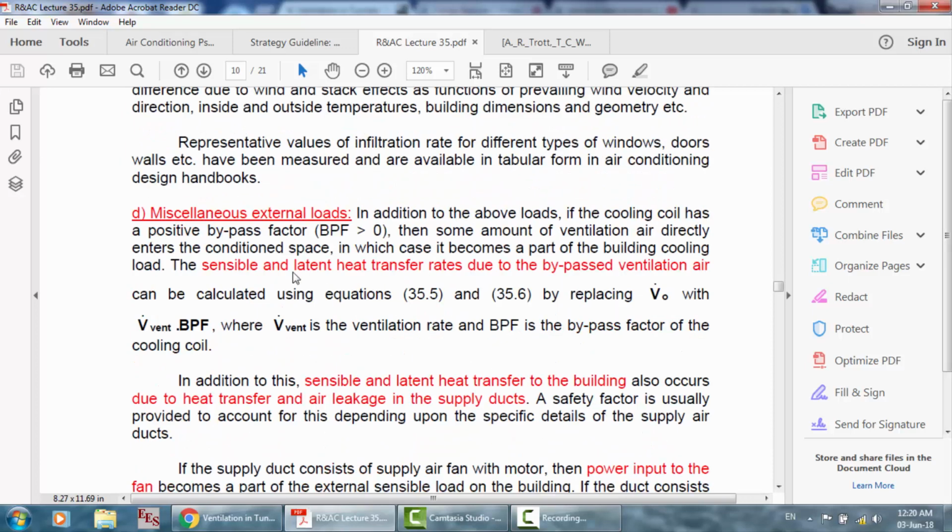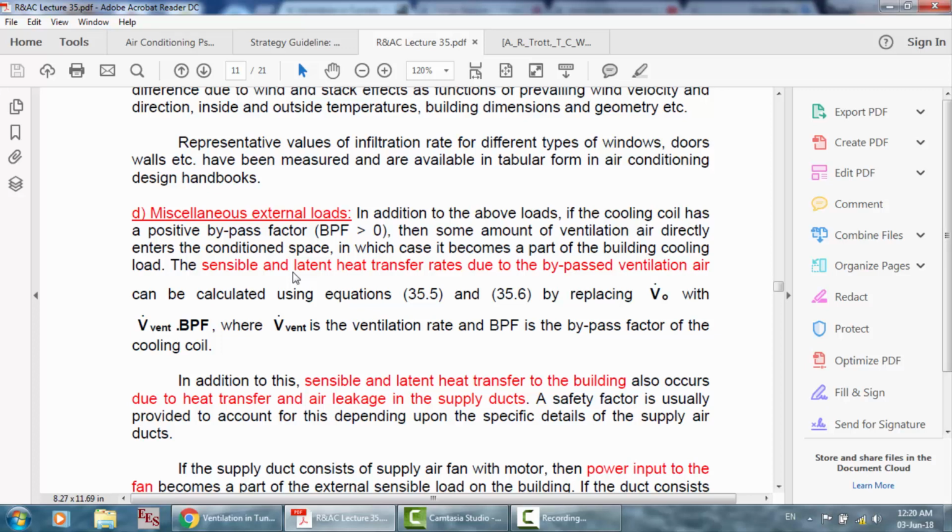Also we have here miscellaneous external loads in addition to the above loads. If the cooling coil has a positive bypass factor greater than 0, then some amount of ventilation air directly enters the conditioned space, in which case it becomes a part of the building cooling load.